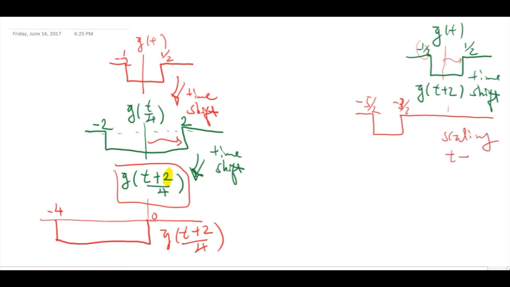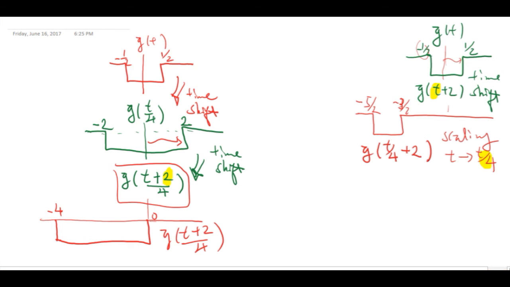After we've done the time shifting, we can do another scaling. Scaling t, we replace t by t over 4. So our function will become g(t over 4 plus 2).